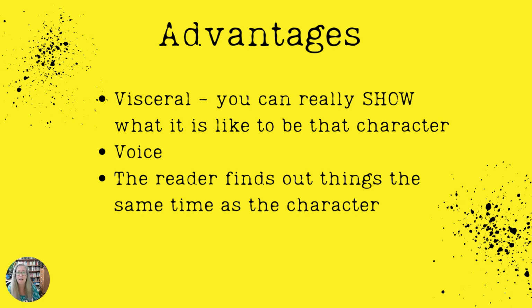And your main character, the I character, will show us what it's like to be that character, what the grass feels like under their bare feet, what it is like to have something terrible happen to them inside the body as well as outside the body. So it's a really strong, visceral, sensory way of writing.